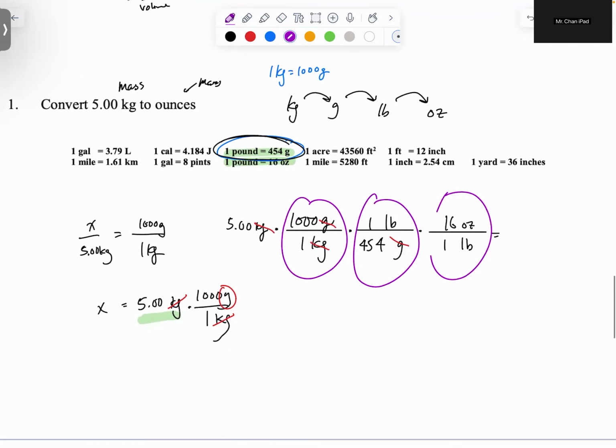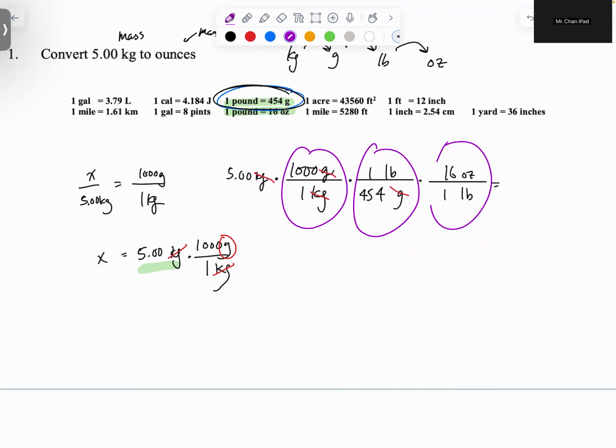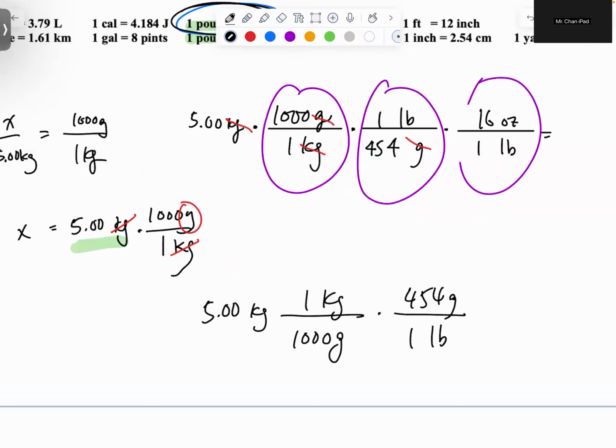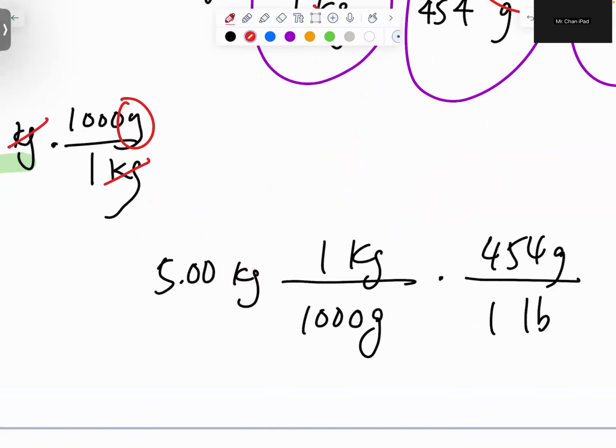Now, let me go ahead and give you a wrong illustration. Let's just say you're rushing and you somehow flip the wrong fractions. How would you know that you're wrong? Well, some students, if they don't know much about math, they would try to cancel these two out.